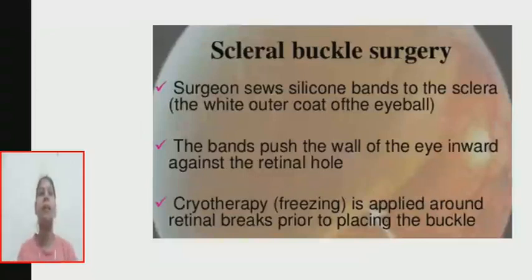Scleral buckle surgery. The surgeon sutures silicone bands to the sclera, the white outer coat of the eyeball. This is the sclera, the whitish part. The band pushes the wall of the eye inward against the retinal hole.